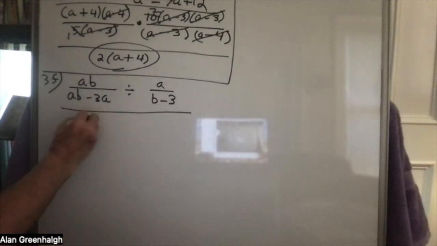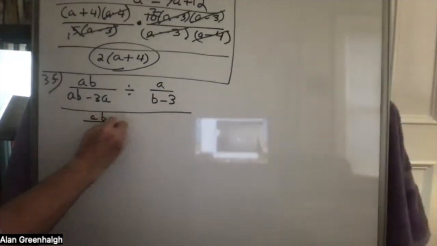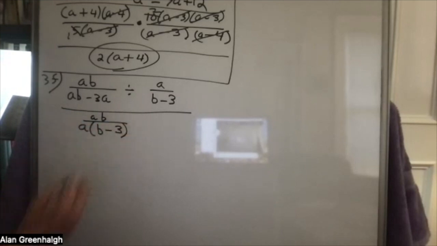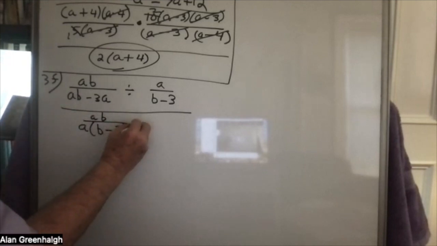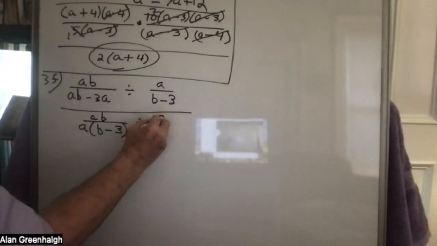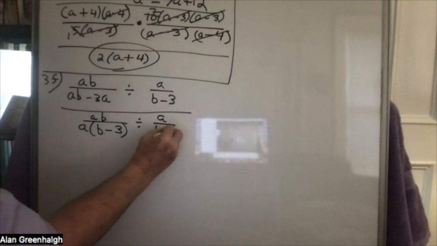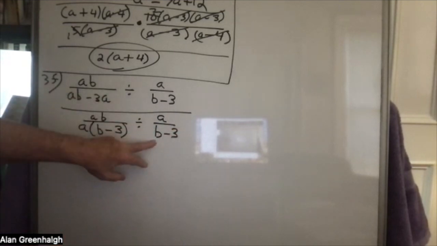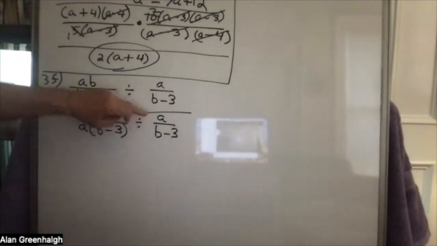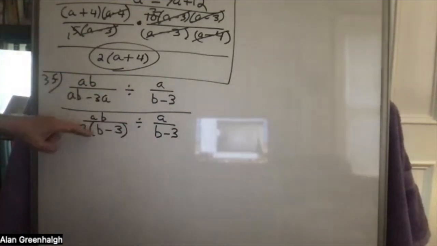But here it is. It's AB divided by A times B minus 3. I factored out the A here. Oh, I forgot to flip it over, right? That's pretty obvious because we want that B minus 3 on the top so that it could cancel out here.